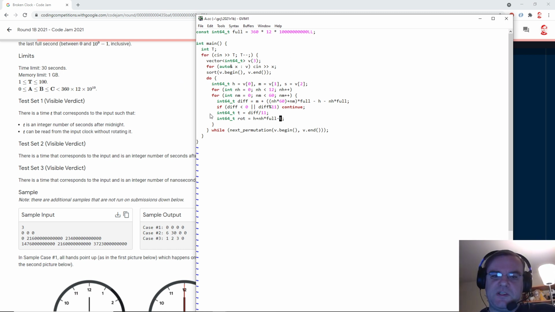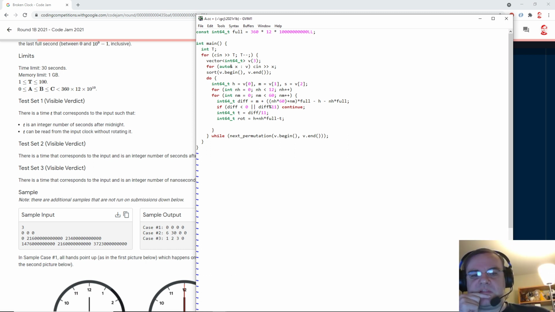I think these are the only conditions that matter. So as long as that's true, I think we're good. So that's the amount that we are rotated.